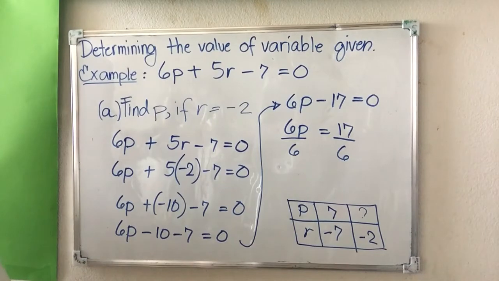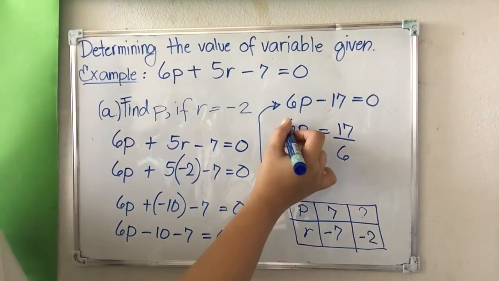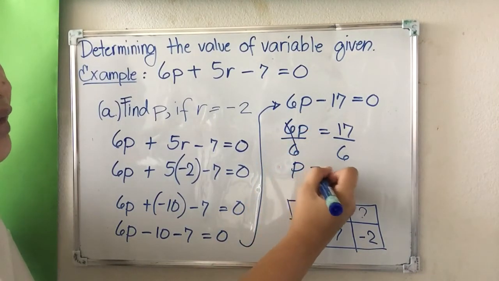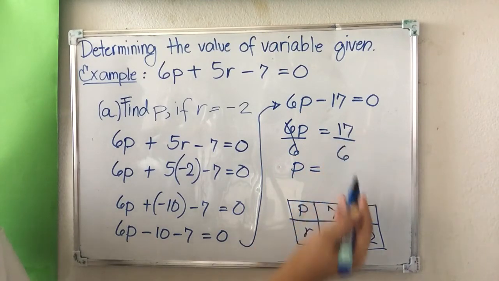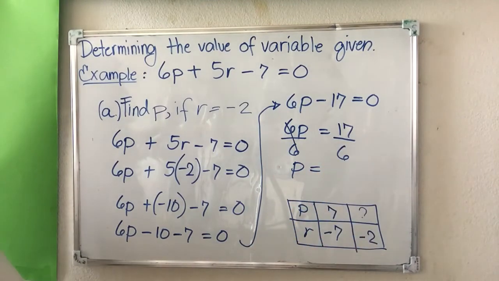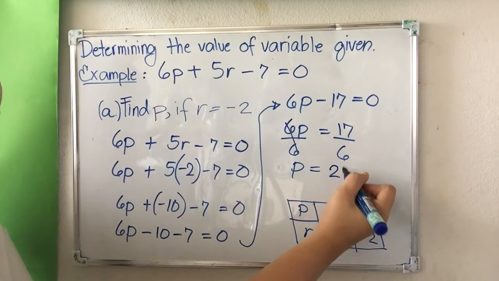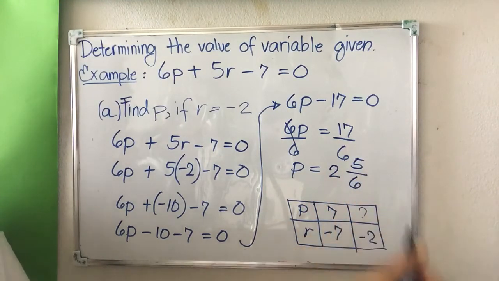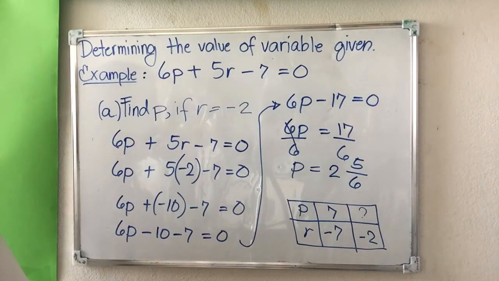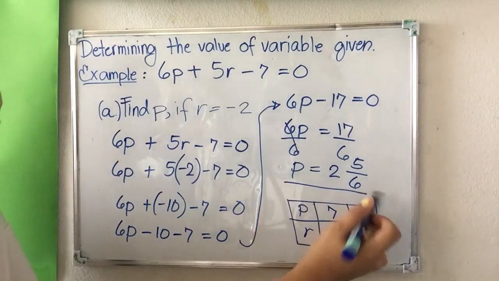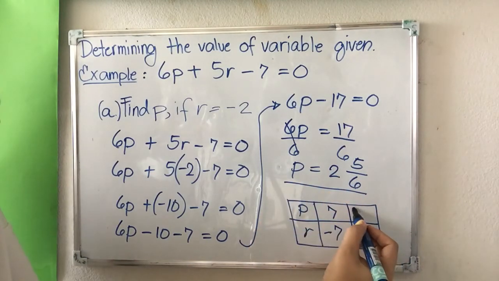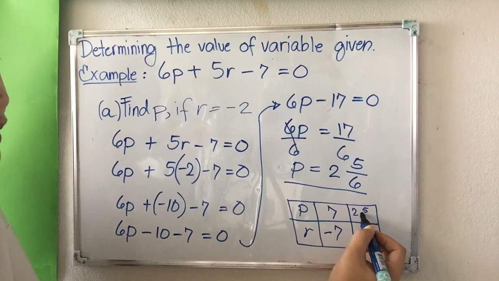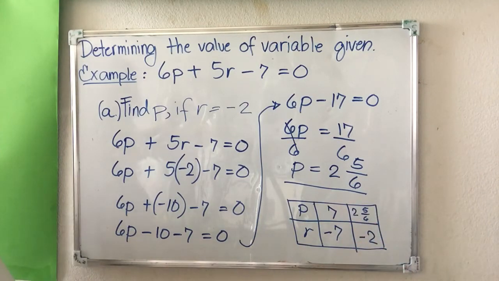So what is our answer? P is equal to 17 over 6, or 2 and 5 over 6. So our P is equal to 2 and 5 over 6.